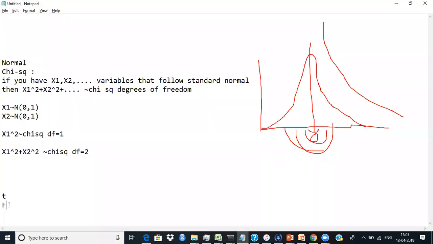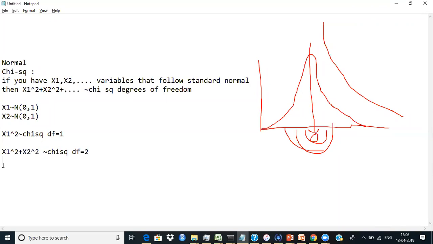Now, all of you understand chi-square, and what do you mean by degrees of freedom? You understand what is meant by degrees of freedom? Could you please repeat degree of freedom? Number of variables you are squaring, not observations. Observations is rows, variables is columns. Degrees of freedom is the number of normally distributed variables that have been squared and added to get that chi-square.